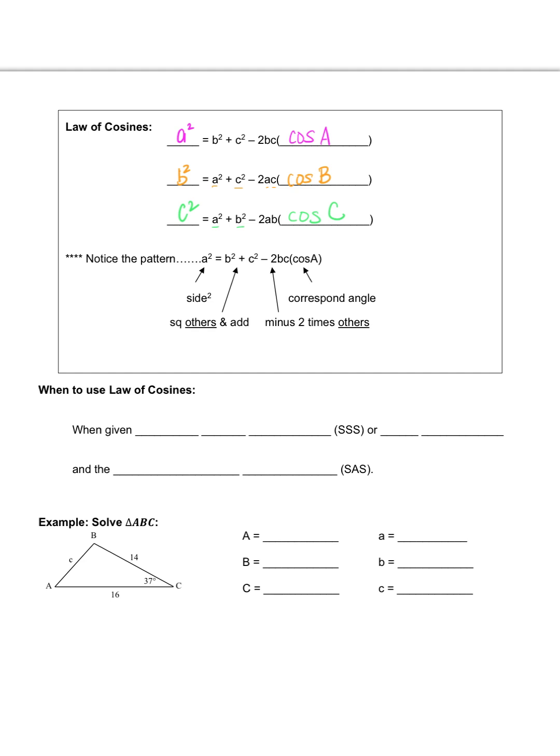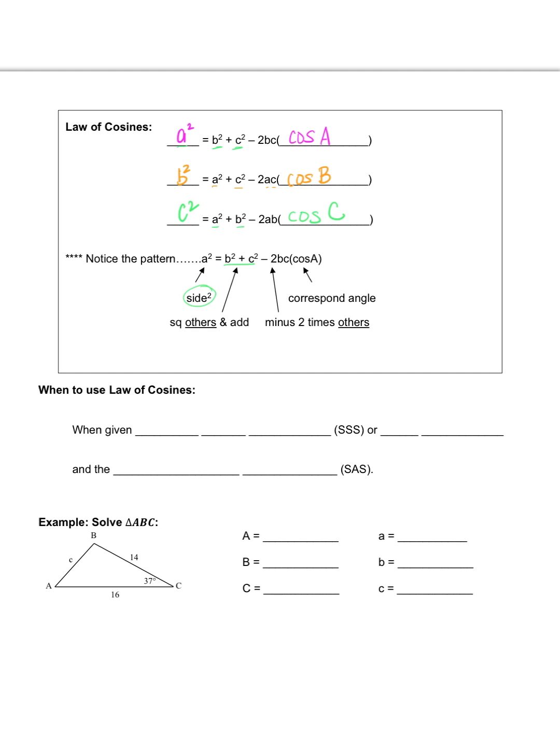So when you look at it this way, whatever side is being squared on the left side of the equal sign, the other side has both of the other sides of the triangle squared, and you're adding them together, okay? So here I have A, so my other two sides that I'm adding together and squaring are c squared and b squared.